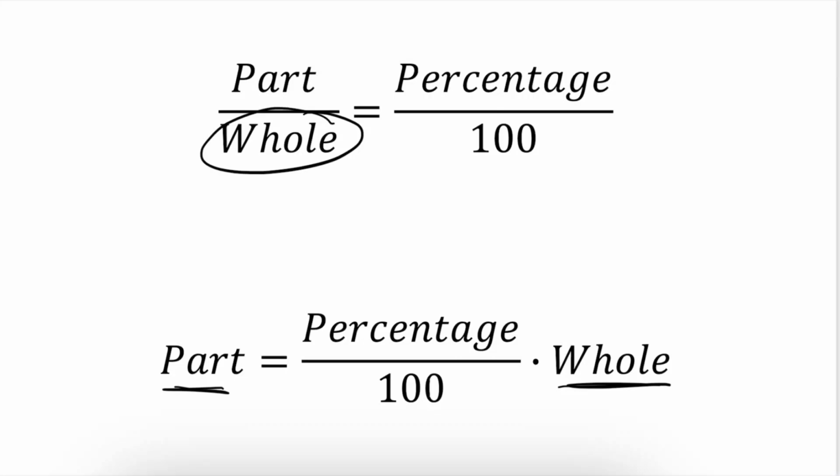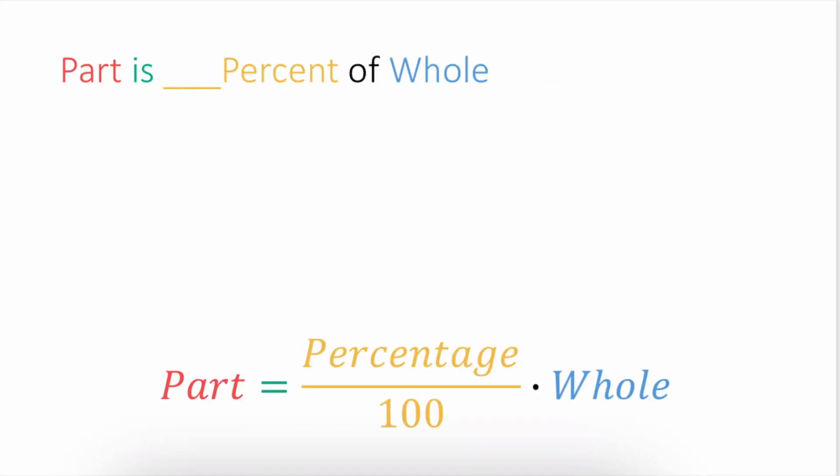This second way of writing the equation is useful because it can be phrased as an English sentence that matches up with the way a lot of percentage problems are asked. Basically, you have a part is a certain percent of a whole. So anytime you see an English sentence like this, you can write it in equation form like this second version of the equation.